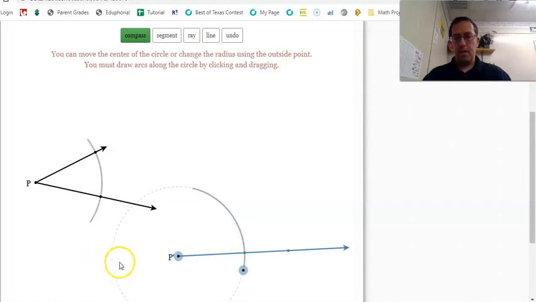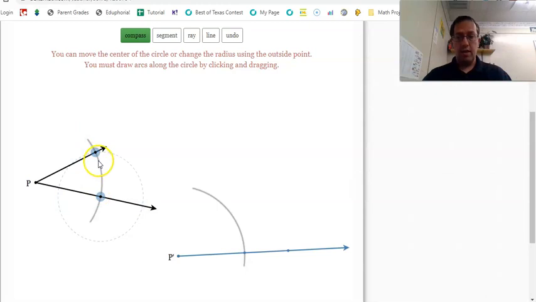Okay. Now, what this does is this gets me a point that is the same distance away from the vertex. And so now I'm going to take my center, put it on one of these intersections, and put the radius on the other. We used this in the previous video to measure distance, to make sure the length of those segments here was the same as the length of the segment over there.